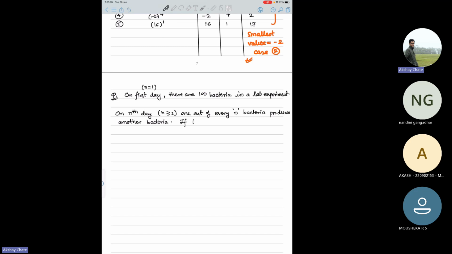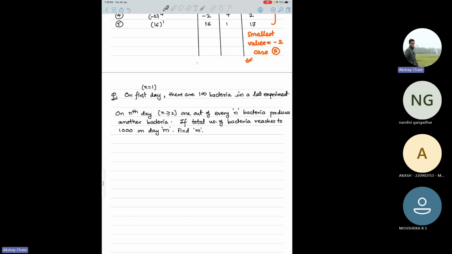If the total number of bacteria reaches 1000 on day m, find m. So it is an integer m that you need to find.